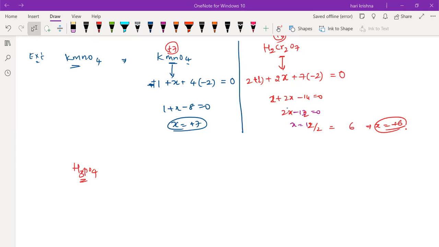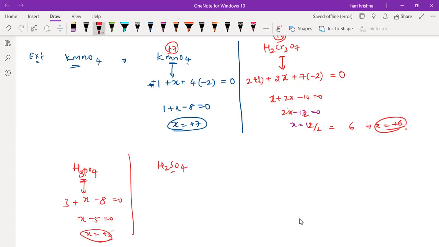Sir, is it +5? Very good. +5. So with 3 hydrogens, x plus 3 minus 8 equal to 0. So x minus 5 equal to 0. x equal to +5. Good.